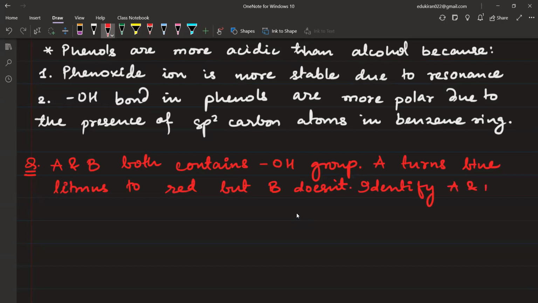Identify A and B. I will give you 2 minutes. Think about this question. Both of them are containing OH group, but one is turning blue litmus to red, but B is not turning blue litmus to red.